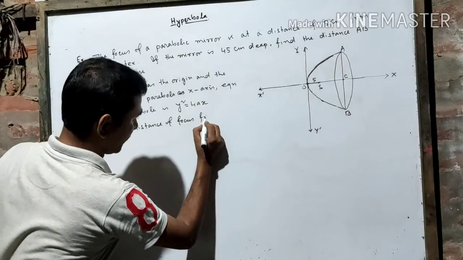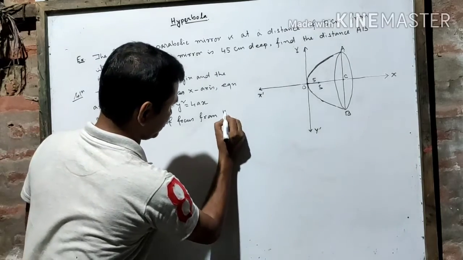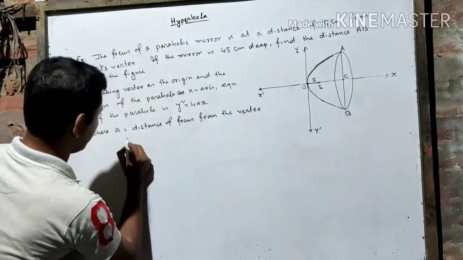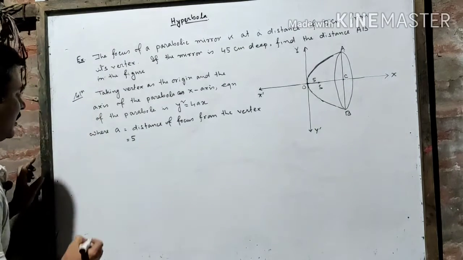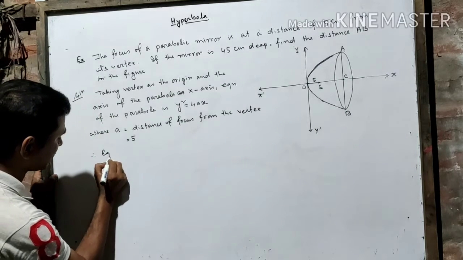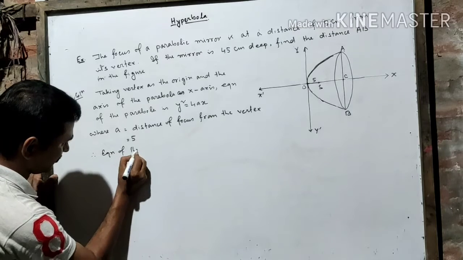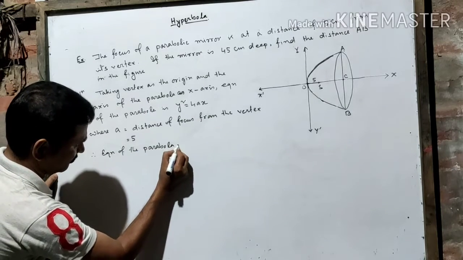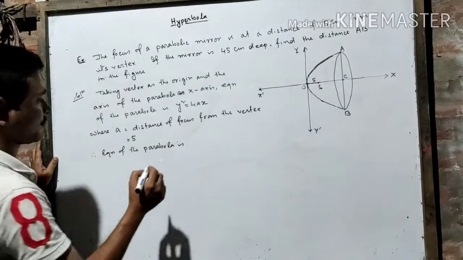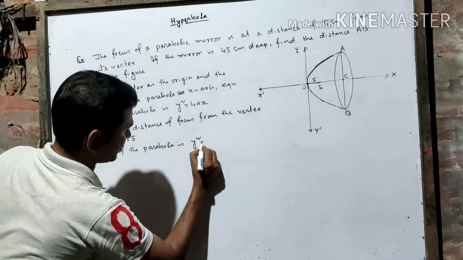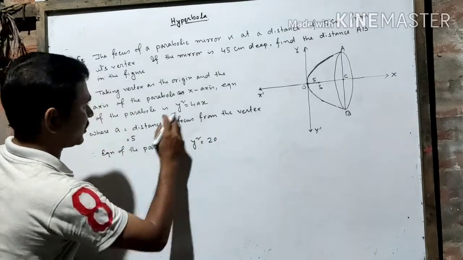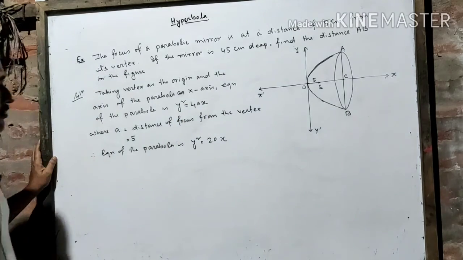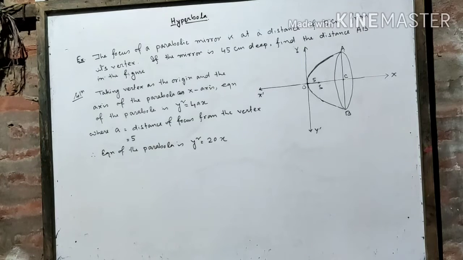Therefore, the equation of the parabola is y square is equal to 4 into 5 x, that is, y square is equal to 20x.